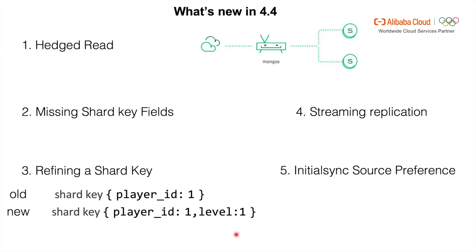Up till now, whenever your secondary wants to sync up with the primary, the MongoDB process was responsible for selecting the source. But now the user has this in his own hands. If he wants the secondary to sync from some specific node, then he can specify that. So that's a new feature coming in the 4.4 version.